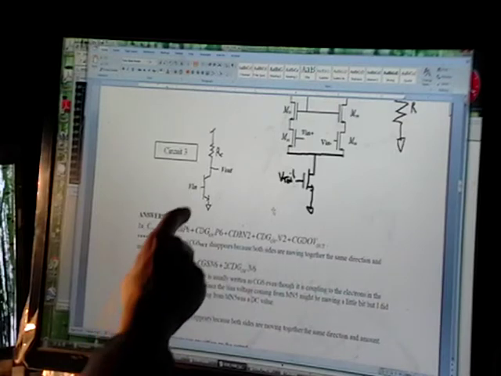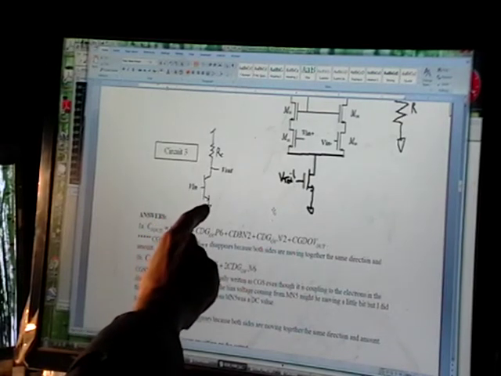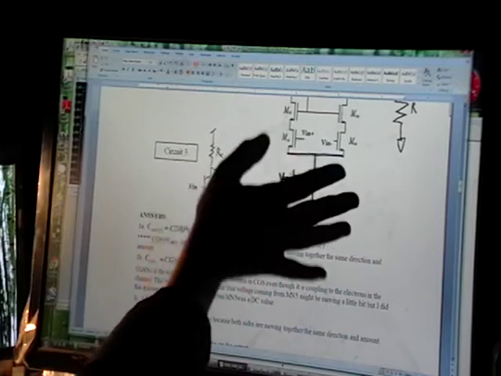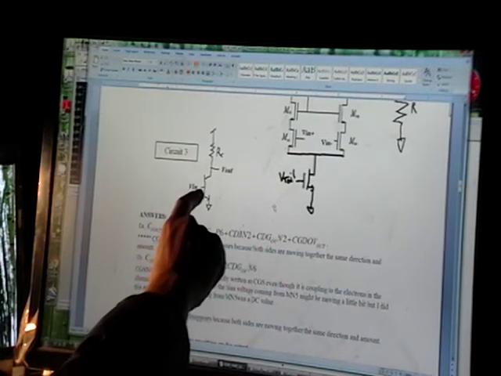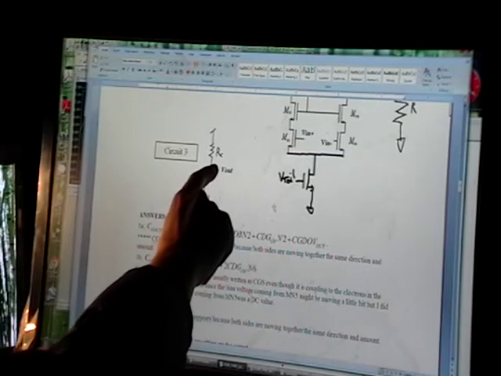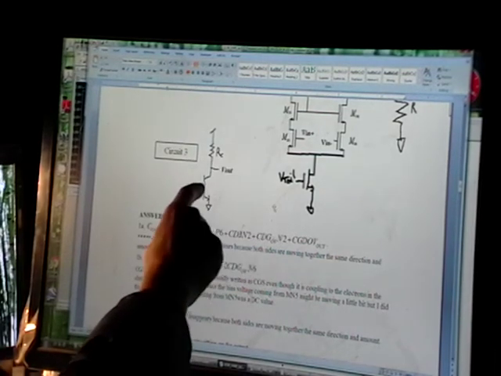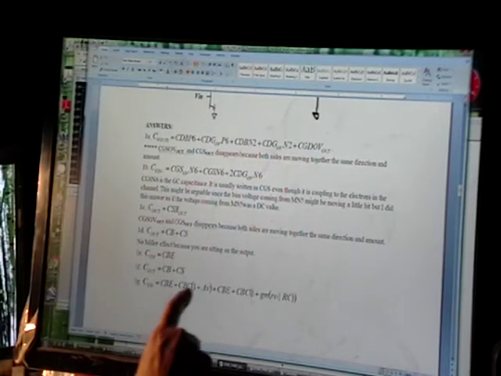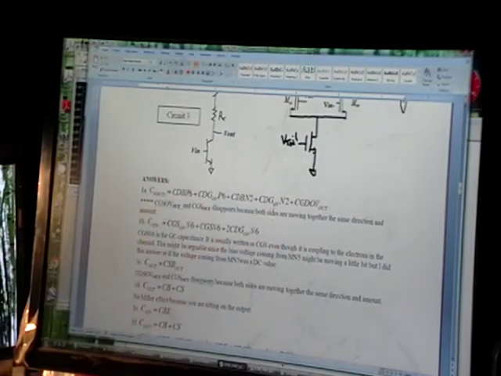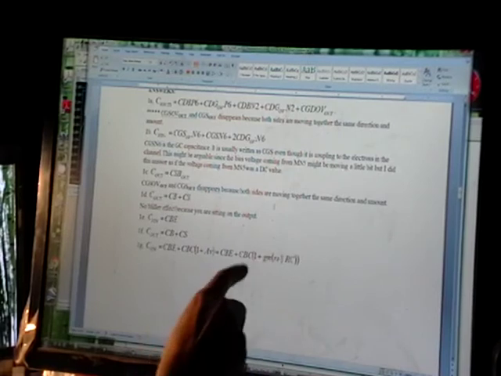The one to the emitter's not moving, so that's just whatever value you have, the CBE. The other one, V in to V out, that's CBC. Other side's moving a lot, you get the Miller effect, so that capacitance has to be multiplied by 1 plus AV. And remember AV for a common emitter is just your gm ro, so you can plug that right in.